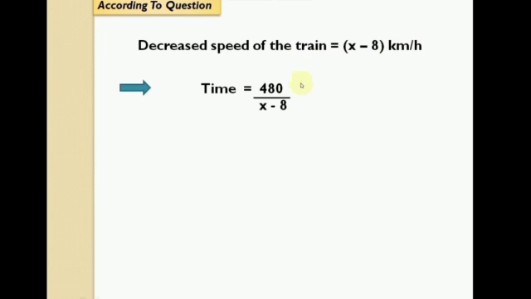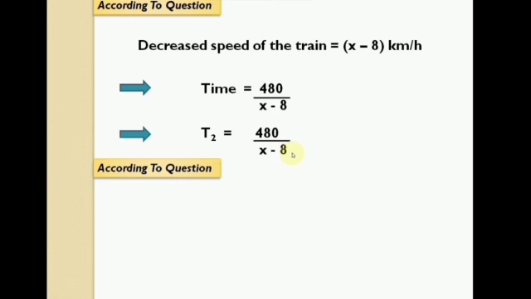Time equals 480 upon x minus 8. Let's suppose this is time t2. T2 equals 480 upon x minus 8. According to the question, the difference between both times is 3 hours, because when speed decreases, time will increase. So t2 minus t1 equals 3.